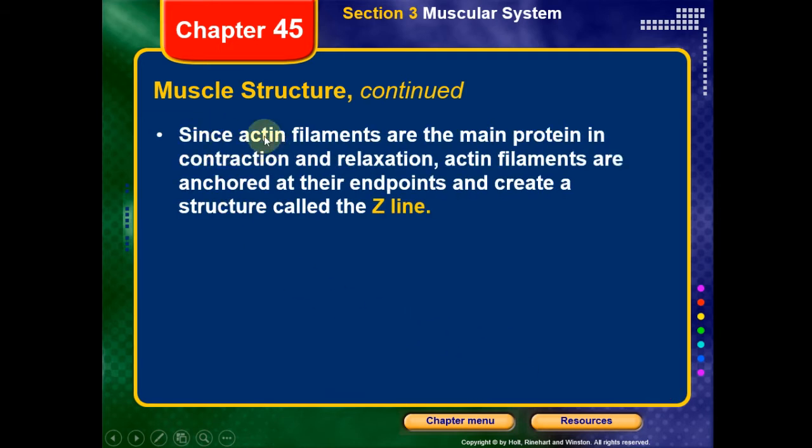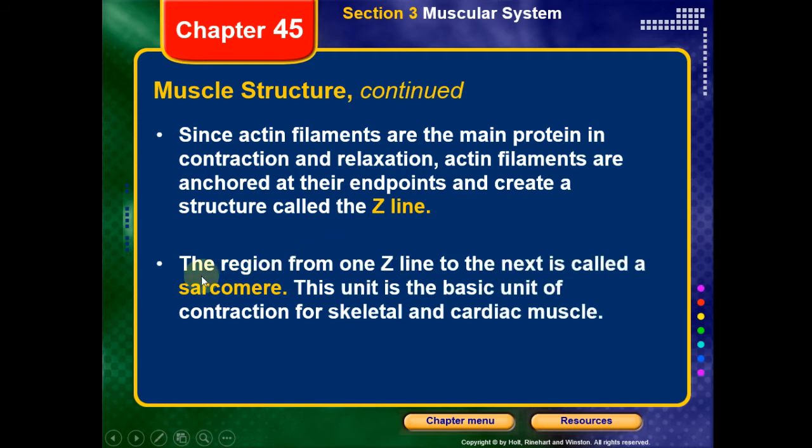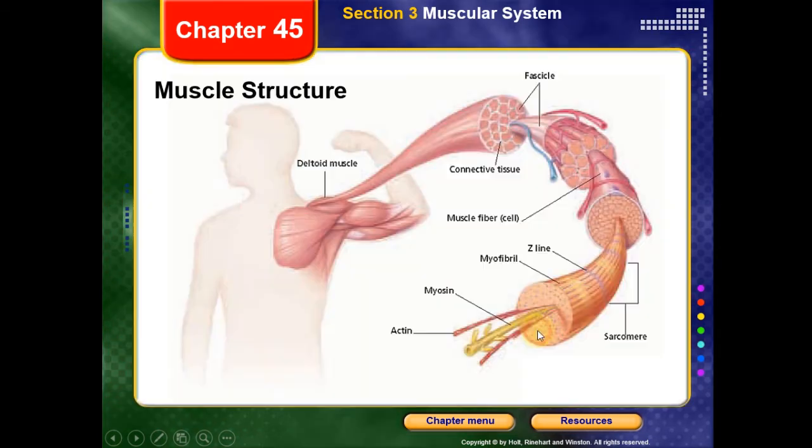Since actin filaments are the main protein in contraction and relaxation, they are anchored at their endpoints and create a structure called the Z line. The region from one Z line to the next is called a sarcomere. This sarcomere unit is the basic unit of contraction for skeletal and cardiac muscle.